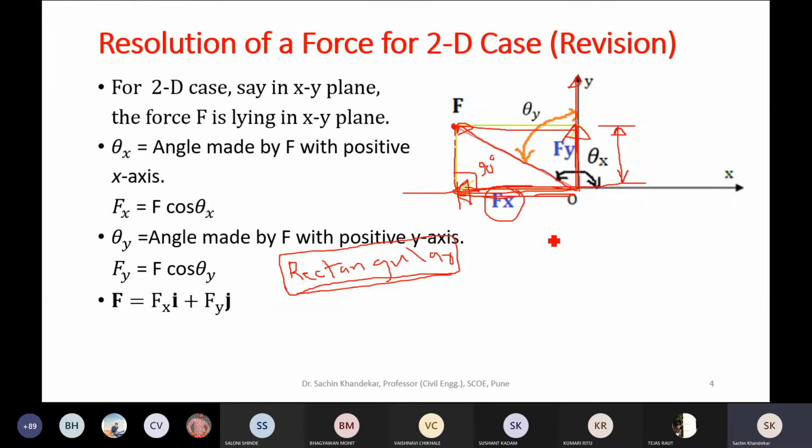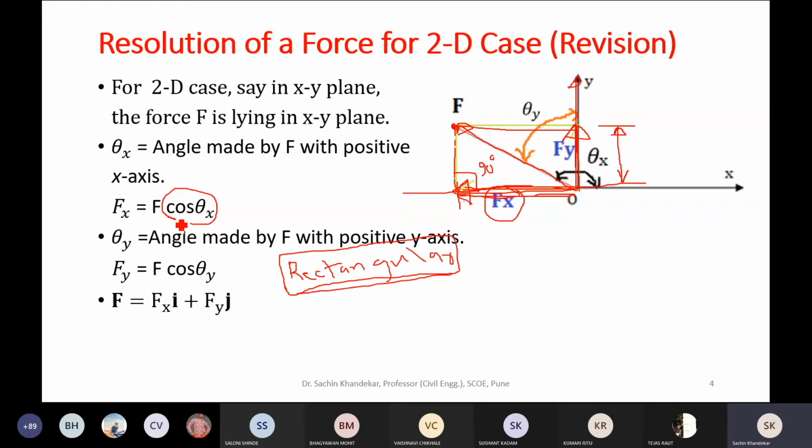The same knowledge I am going to extend to resolve a space force along the x-axis, y-axis, and z-axis. So in short, what you have to remember? The rectangular component of a force along any axis means its projected length, and projected length means its cos component.